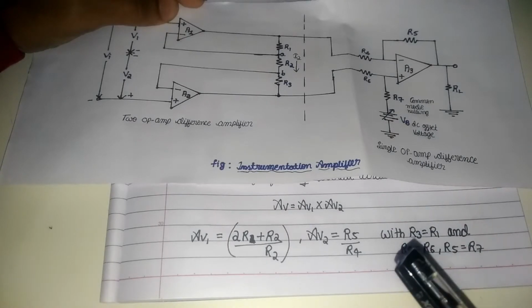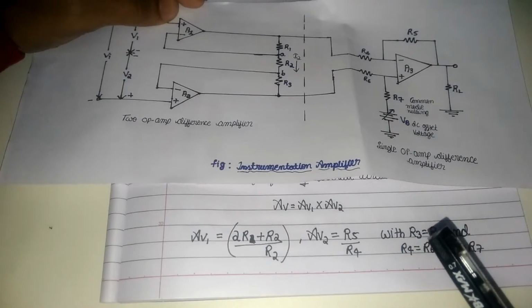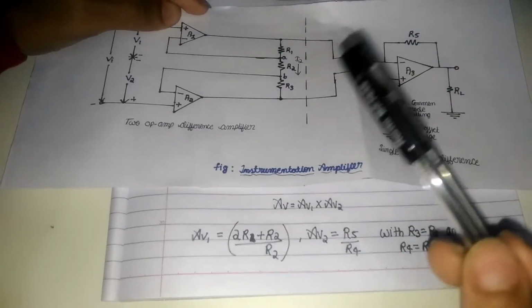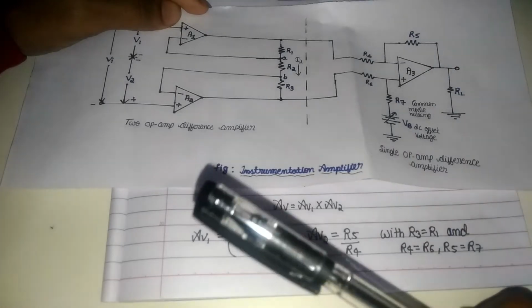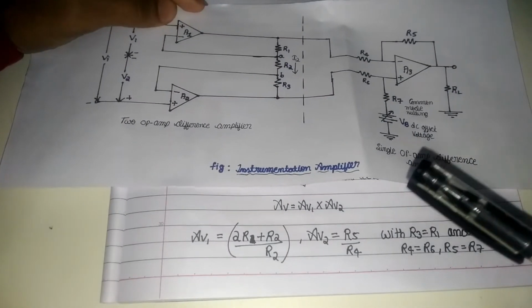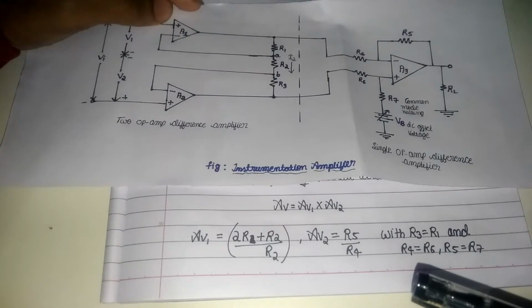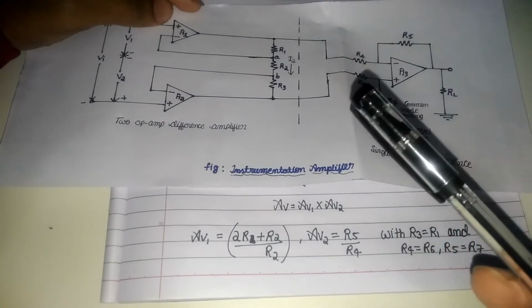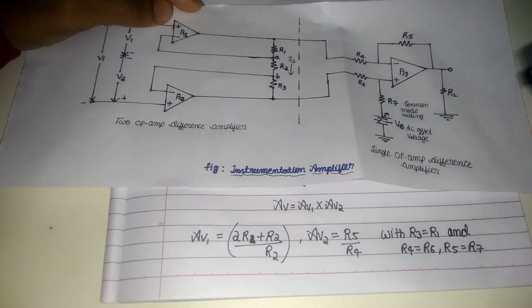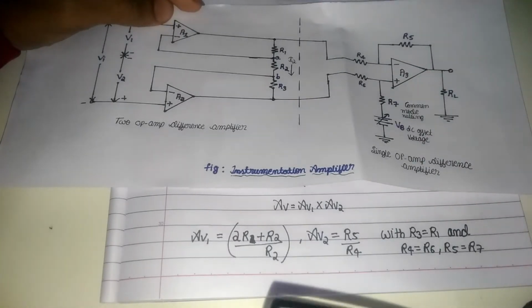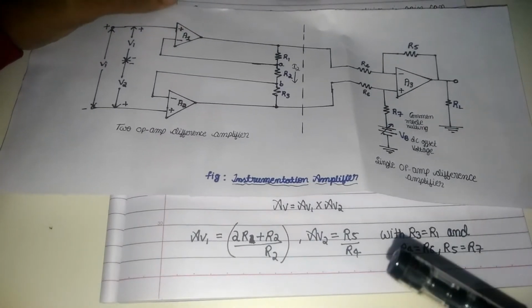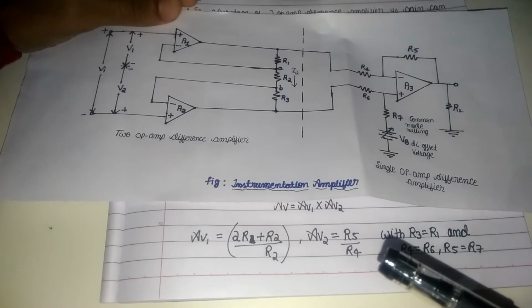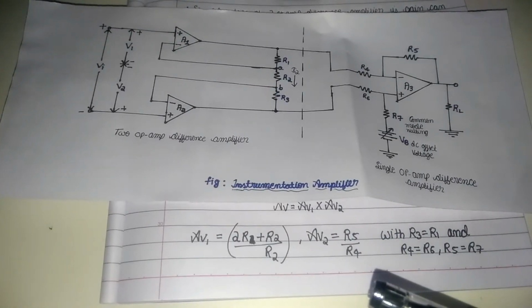Here we have considered the value of R3 equal to R1 in the two op amp difference amplifier condition, and in the single op amp difference amplifier we have considered R4 equal to R6 and R5 equal to R7. After applying this condition, we get the gain of both these amplifiers. Now we will look at the overall gain of the instrumentation amplifier.